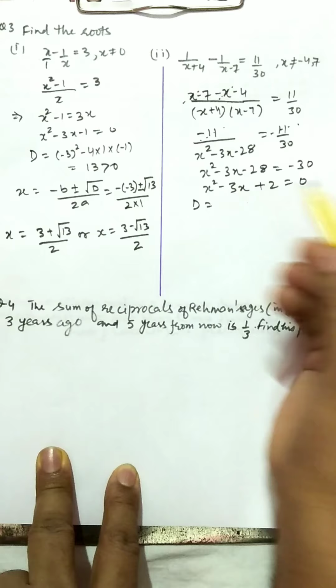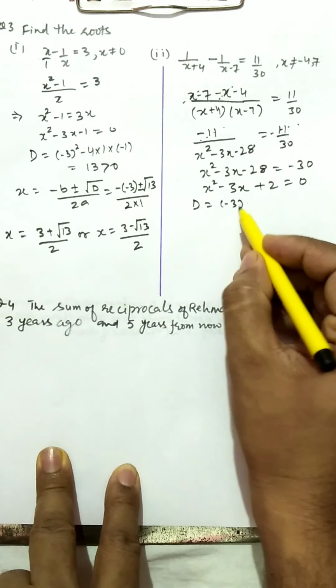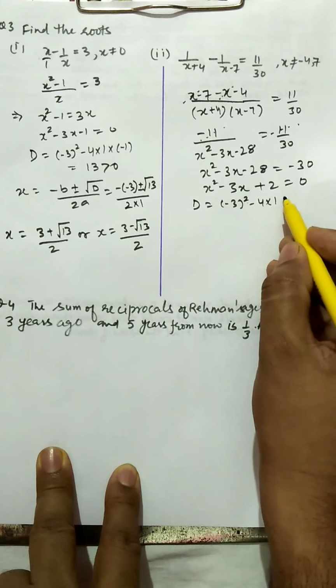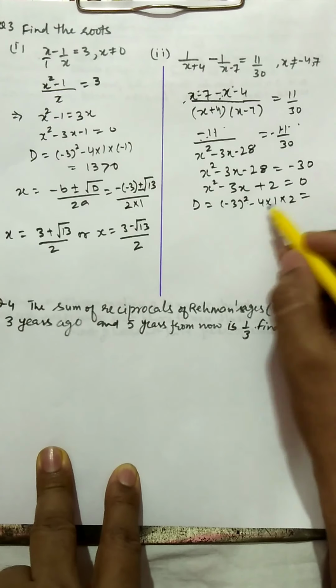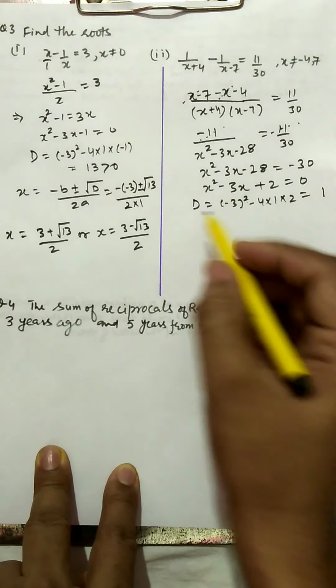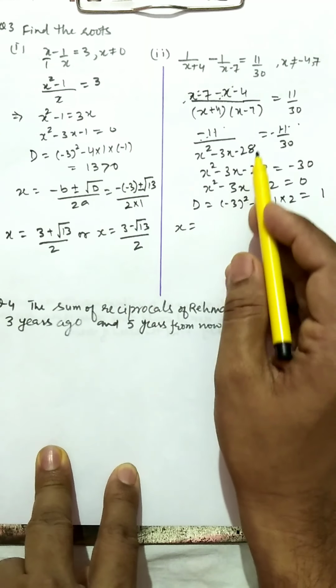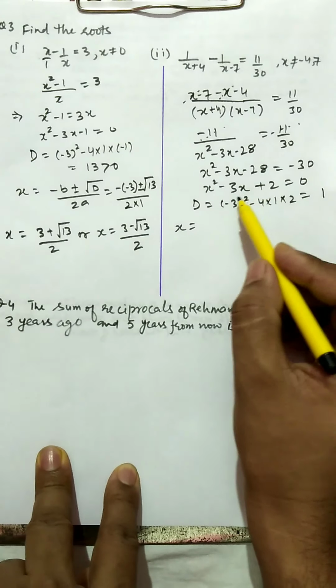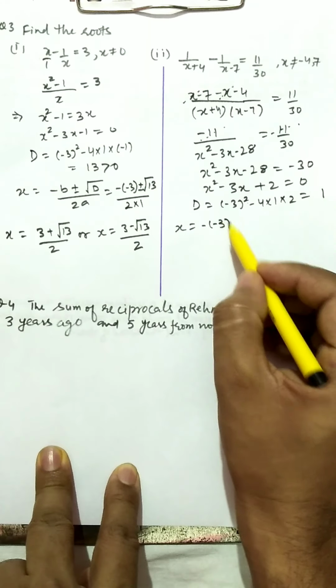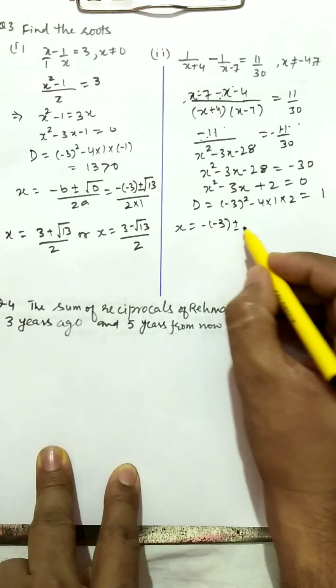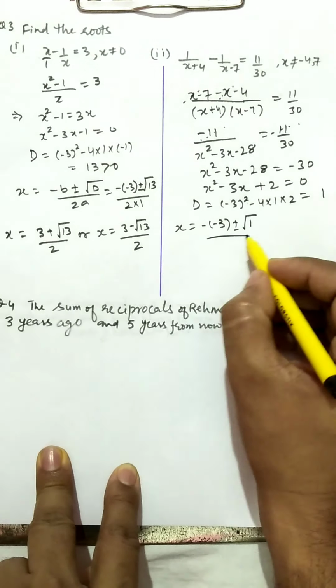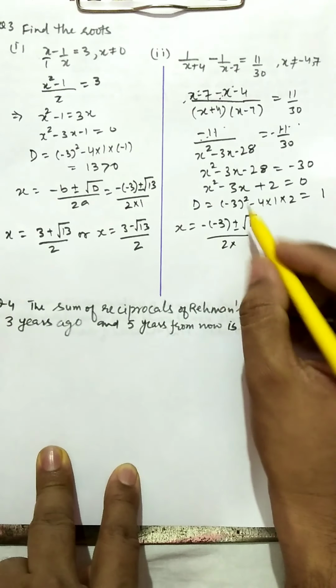Now we calculate D. D is minus 3 square minus 4 into 1 into 2. So this is 8 and this is 9. So this is 1. So your x will be minus b. The formula is here. So b, you can see the value of b is your minus 3. So this is minus 3 and this is plus minus under root 1 upon 2 into a is again 1.